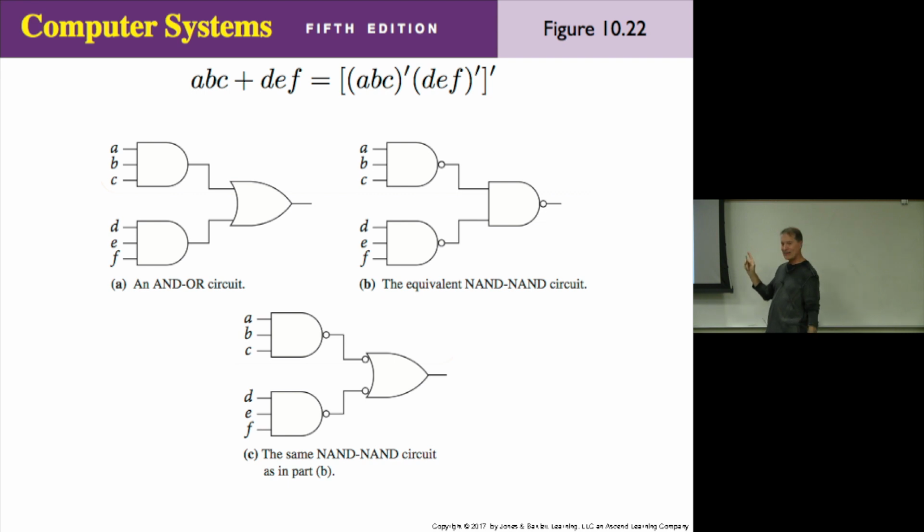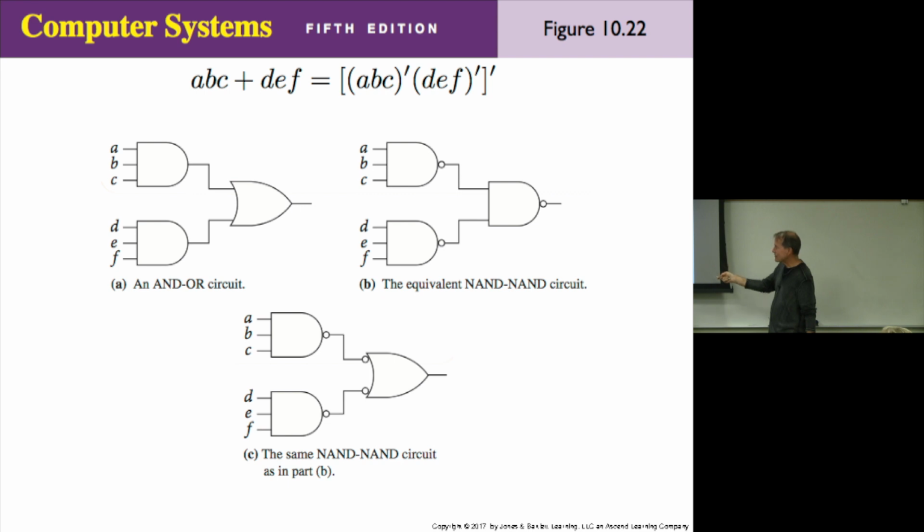Now look at part C of the figure. Check this out. What did we say was a different way to draw a NAND? A NAND is the same thing as a what? Inverted input OR. So if we take this second NAND and draw that as an inverted input OR, then what does it look like?